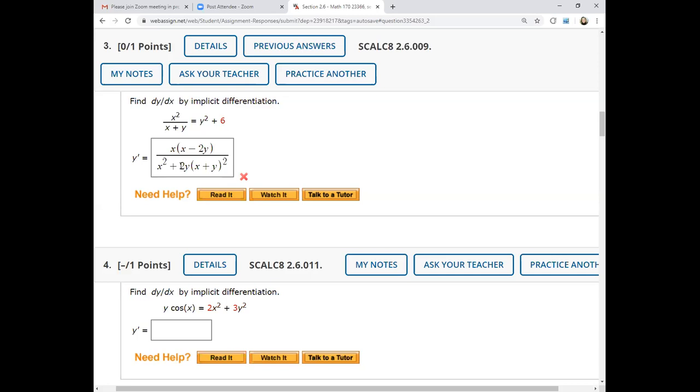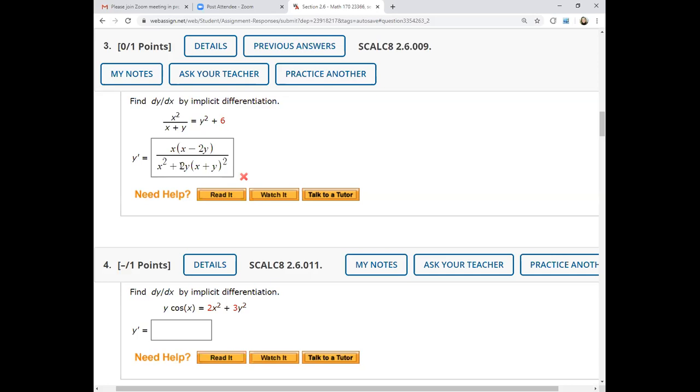So I have 2x squared minus x squared is x squared, plus 2xy, minus x squared dy dx, equals 2 dy dx times x plus y squared.